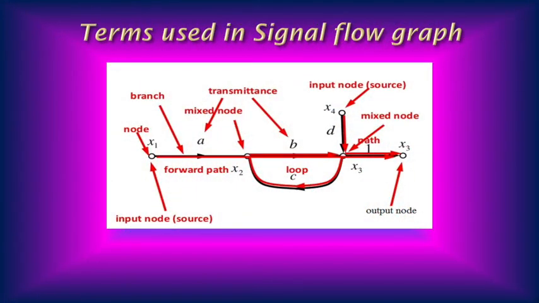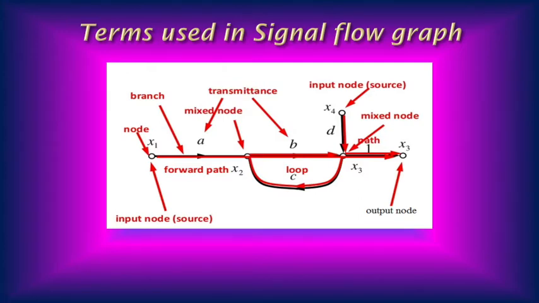The terms used in signal flow graph are node, branch, loop, forward path, mixed node, transmittance, input node, output node, and path. Here x and y are variables, and a, b are constants.